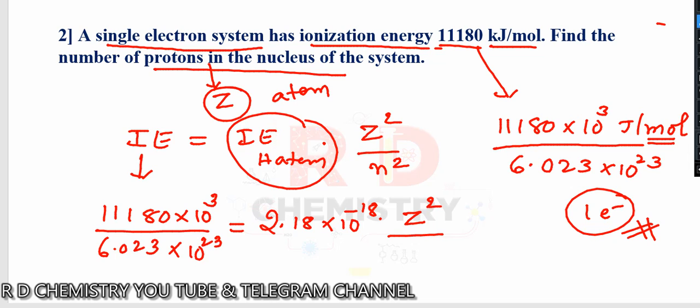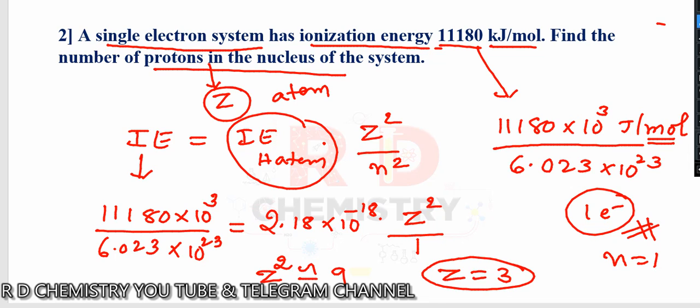Ionization energy is the energy required to remove the electron from the first shell, if there is only one electron, to bring it to infinite distance. So take n is equal to 1. When you simplify this, Z square is approximately equal to 9. Therefore Z is equal to 3. So there are 3 protons in the nucleus.